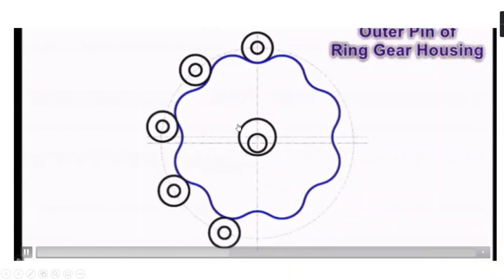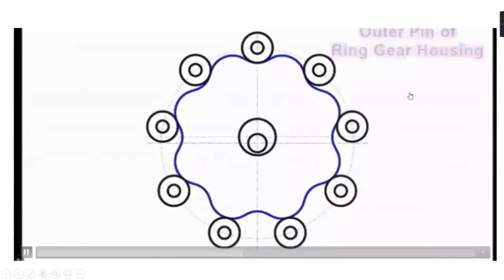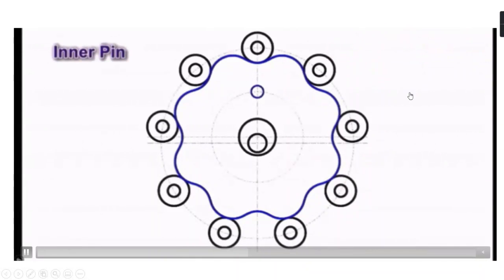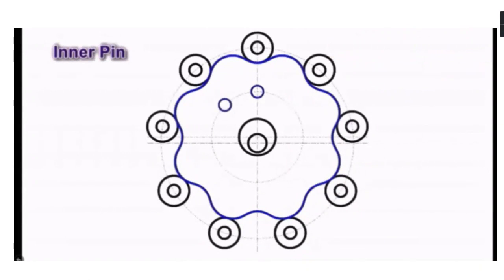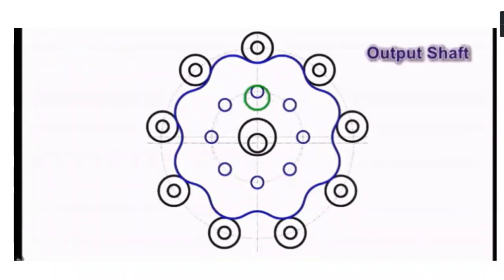This is your inner shaft. These are the inner pins. This whole assembly is shown here, how they are connecting to each other. This is your output shaft.